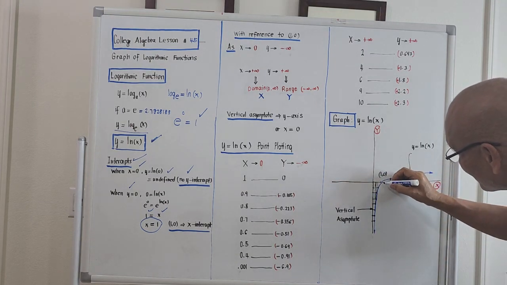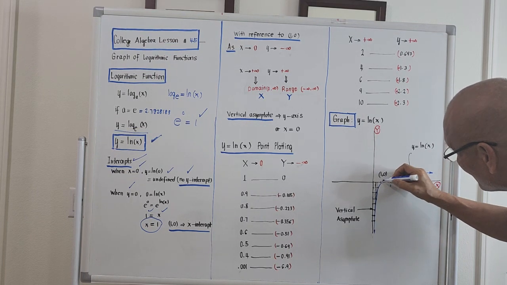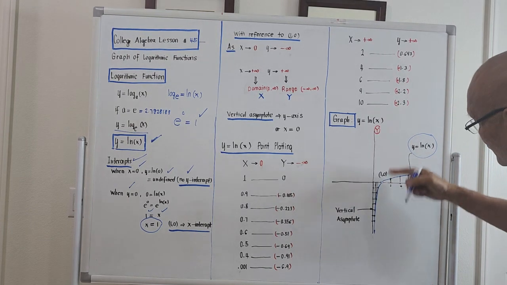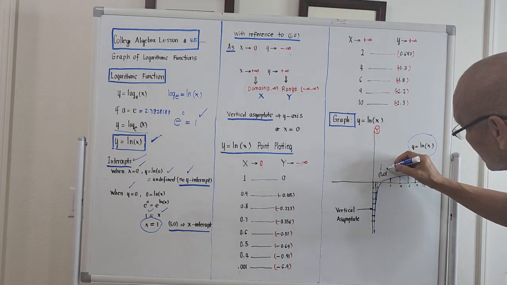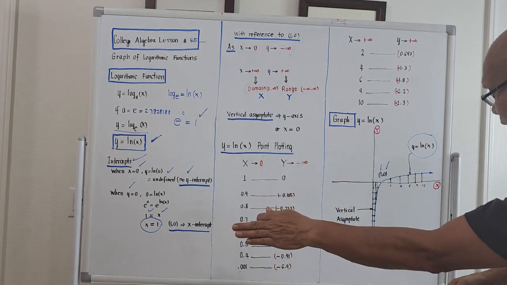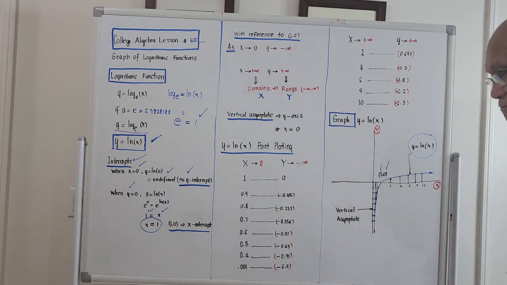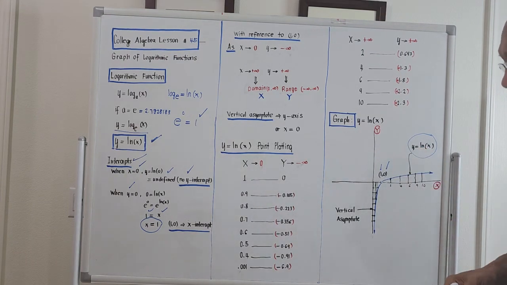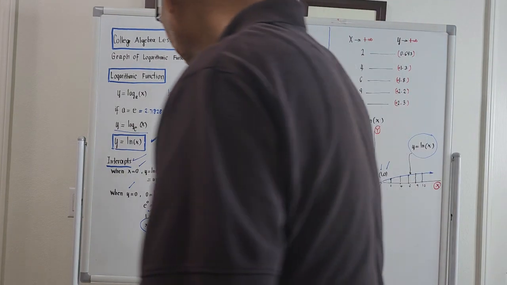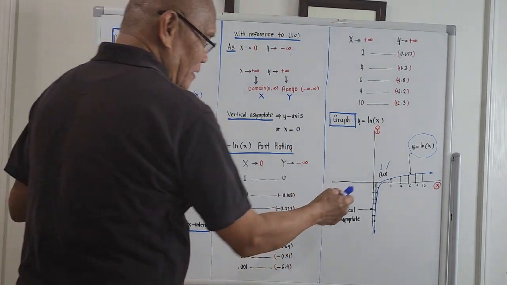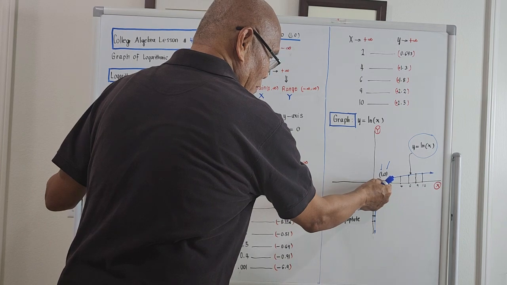So this point here is the point where the graph y equals the natural logarithm of x passes, and the coordinates are 1 and 0. But for the y-axis, from our computation, it didn't pass through. It didn't cross the y-axis.